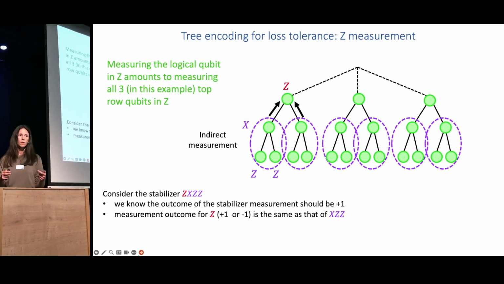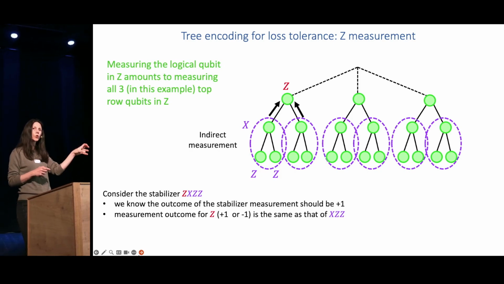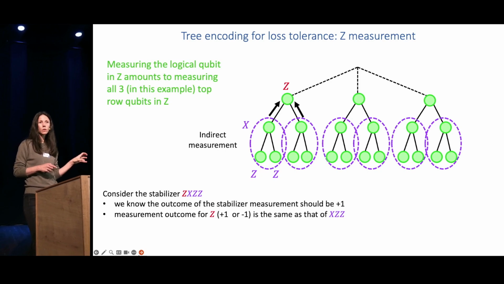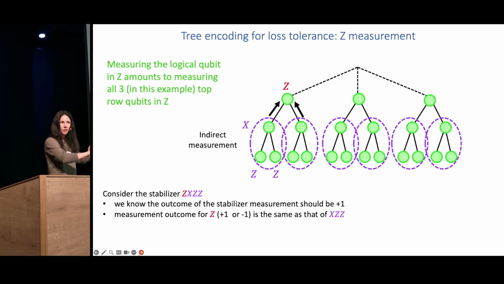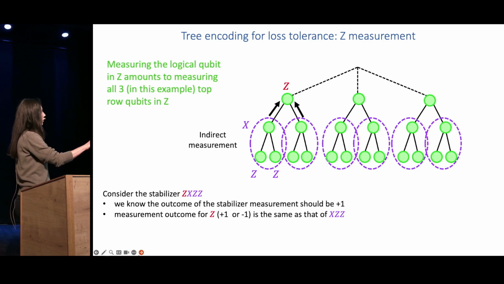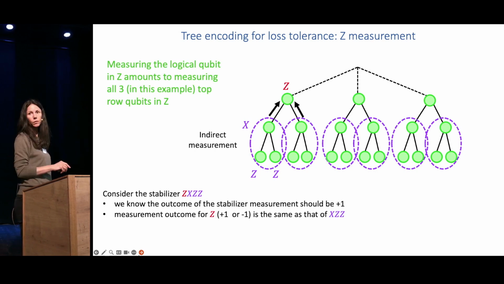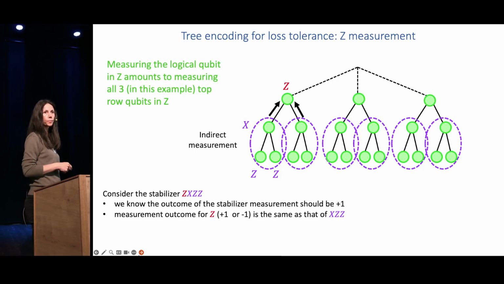So this is an indirect measurement that I can do even if the thing I'm trying to measure is lost. Right? Of course, I'm assuming there's no other errors happening here, because if there are, then this whole thing goes away. But I do have redundancy, so I can also check, do these also agree? And I can have a larger branching ratio and check further.